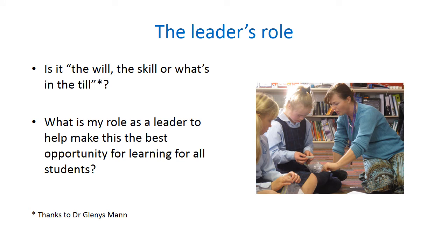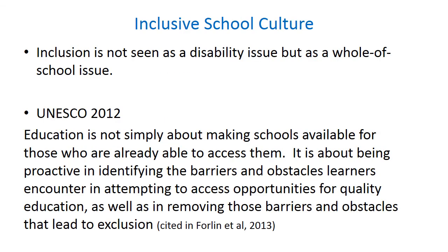So in terms of the role of a leader, it's about providing the best opportunity for all the students. This then leads into an inclusive school culture, and so inclusion in this case is not seen as a disability issue but as a whole of school issue. And this comes back to why good inclusive schools are good schools in general.